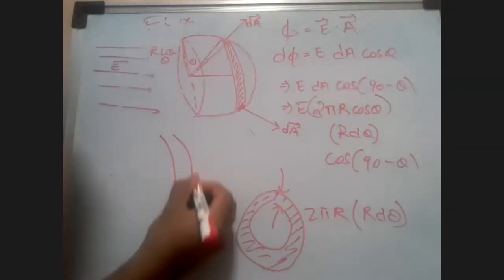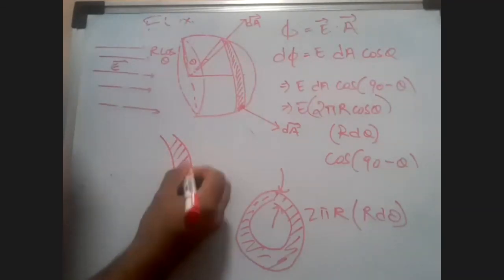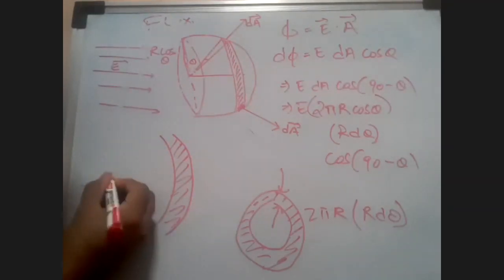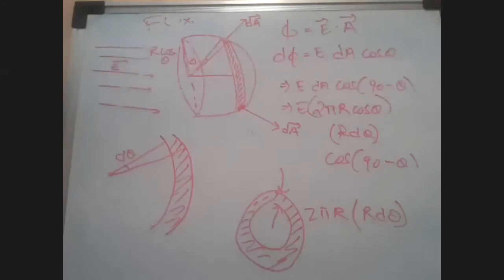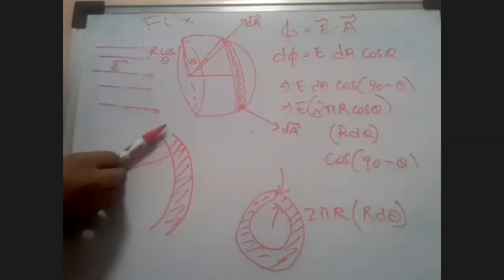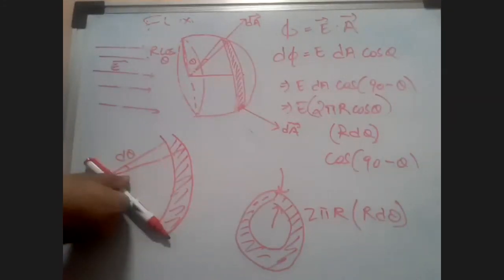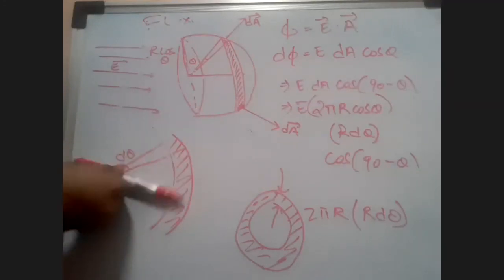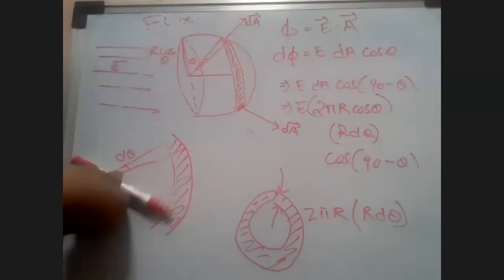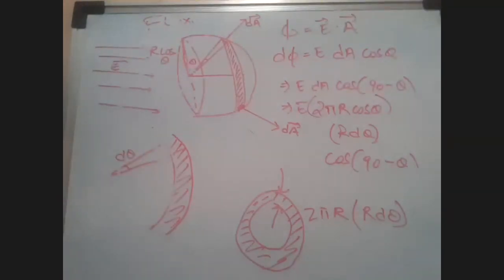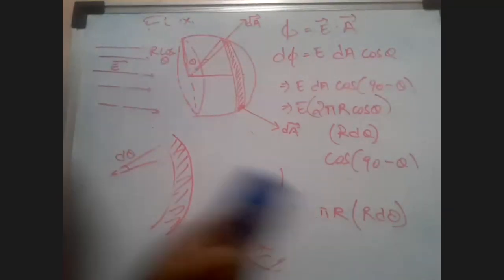If this is a ring, I'm just drawing it big. This is d theta, am I right? If you are going to vary d theta like this, with respect to what are you going to vary it? With respect to radius, no?